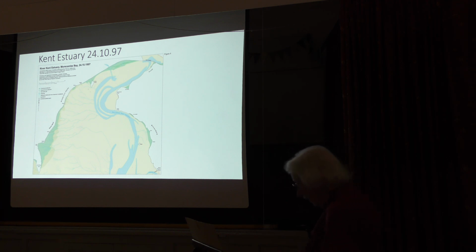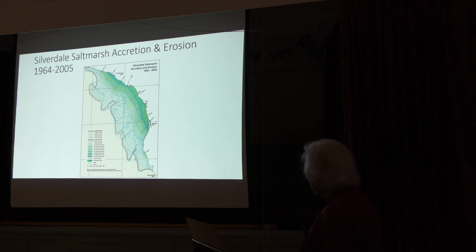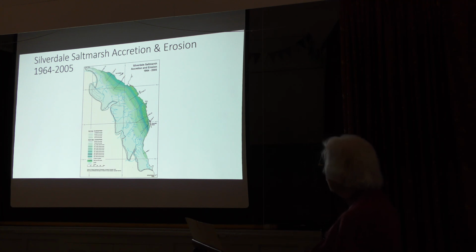Well, as you've seen, there was a very unfortunate 20-year gap between 1972 and 1992, but we can thankfully fill this in to quite a large extent in the Silverdale area, because there were more limited areas that were aerially surveyed during this period.